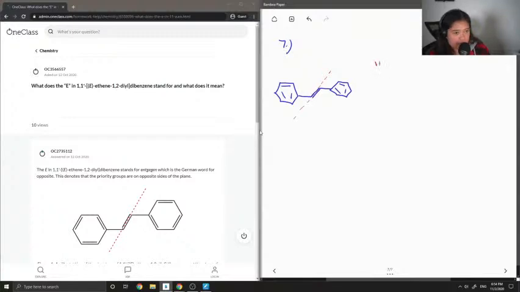And then when you have the E, this means that the priority substituents are on opposite sides of the double bond.